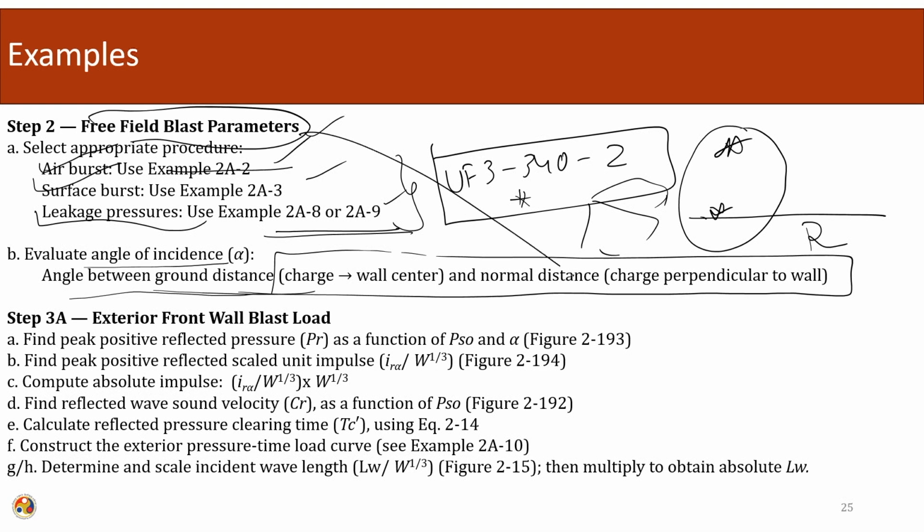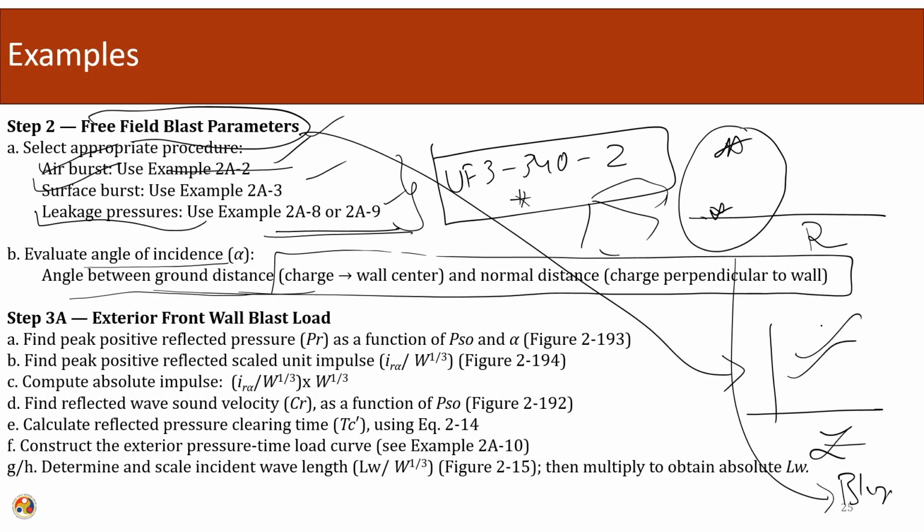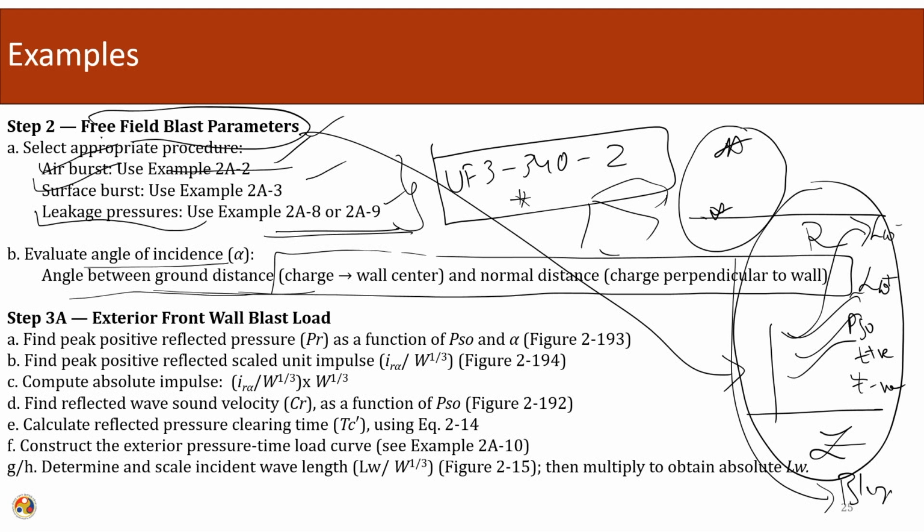Using the charts depending upon the type of blast, we can calculate Pso, time positive, time negative, then the length of the blast wave positive, blast wavelength negative, and other free field blast parameters. So, the free field blast parameters are calculated like this.